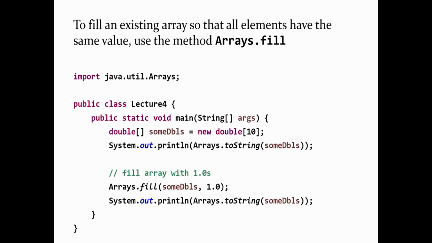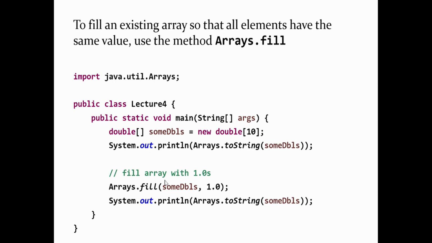If you have an existing array and you want to fill it so that all the values in the array are equal to one another, you can use that Arrays class and the method called fill. So here's my array of doubles. I've got 10 doubles. If I print it out, I'll get 10 zeros.